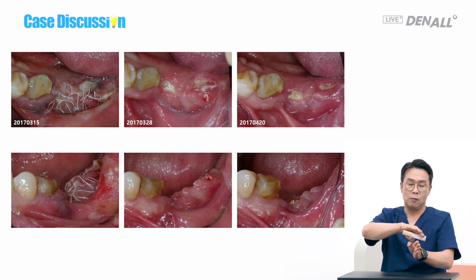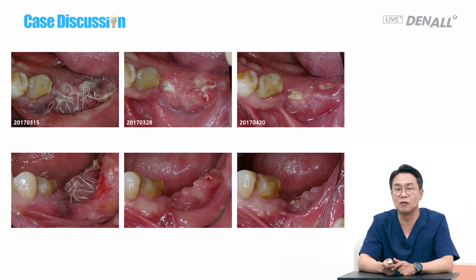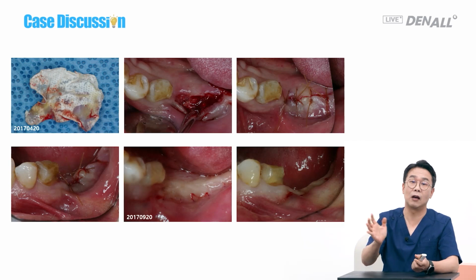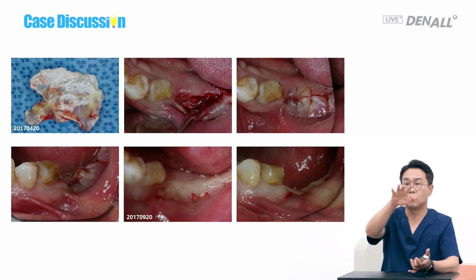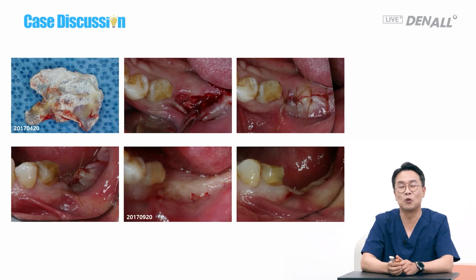It couldn't keep the arch form, so when it is removed, it looks like this, crumpled. The previous one is stiff, so when it is removed, it keeps its form, but here it looks crumpled like a piece of paper.